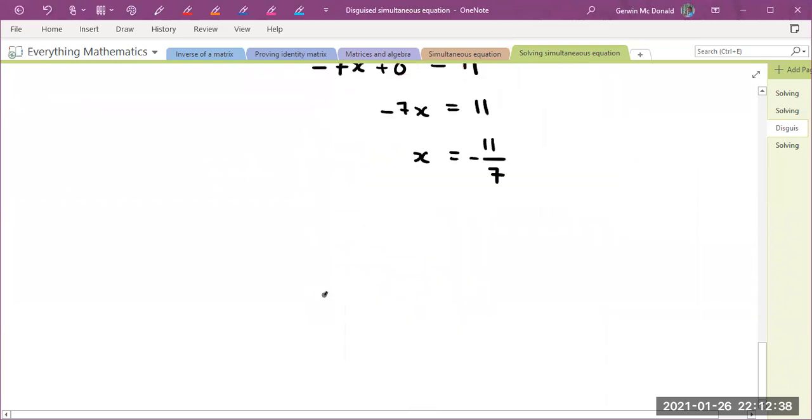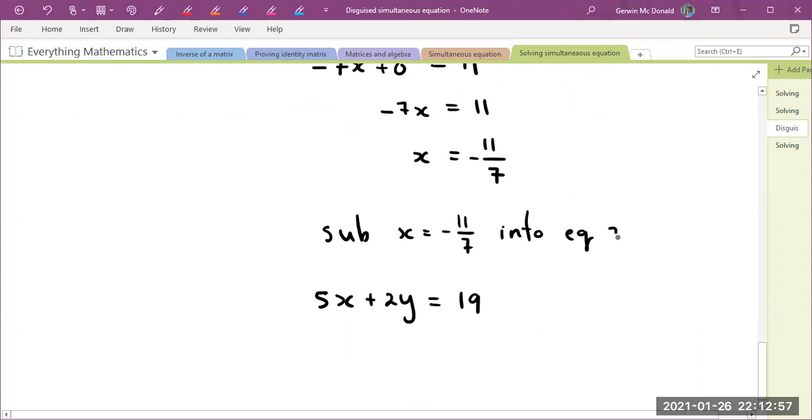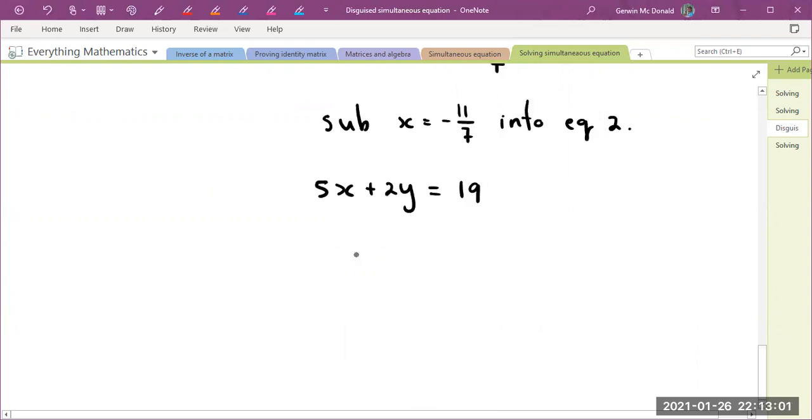So we have 5x plus 2y equal to 19, and we are substituting x is equal to negative 11 over 7 into equation 2, right? Wherever we see x, we just put in that.